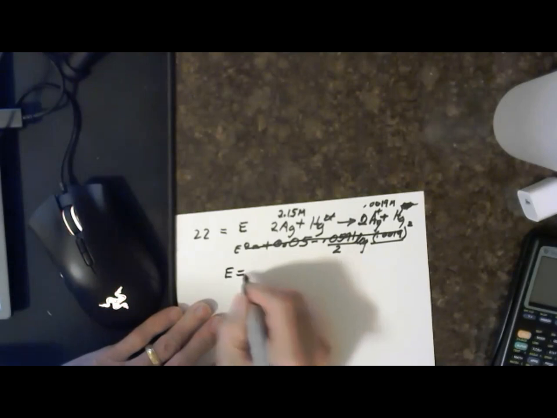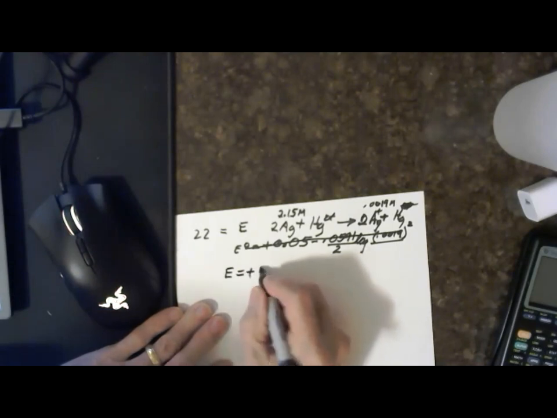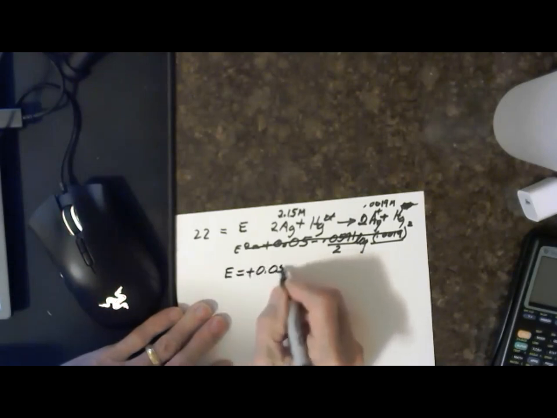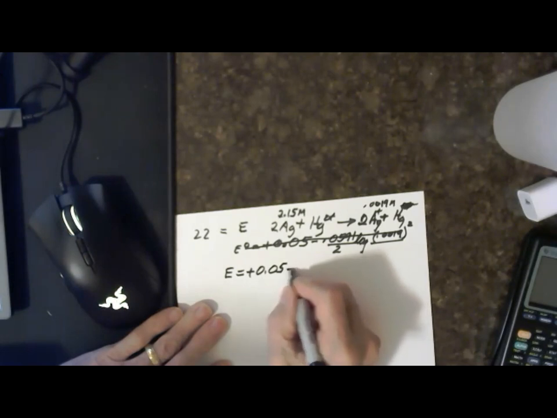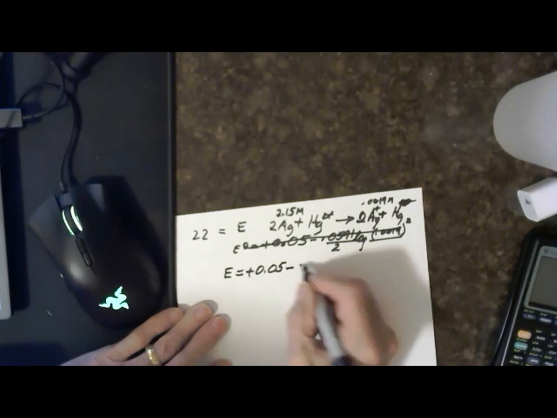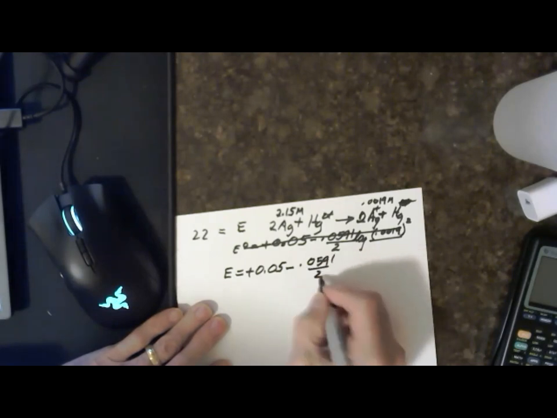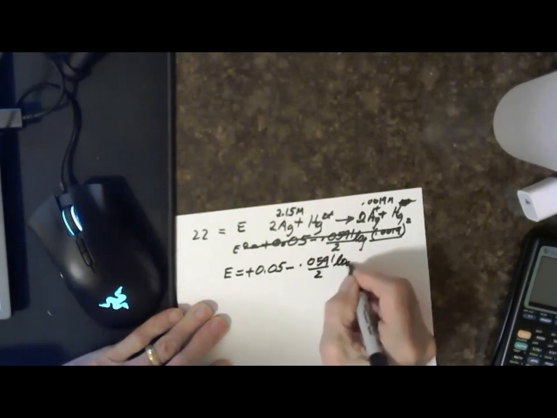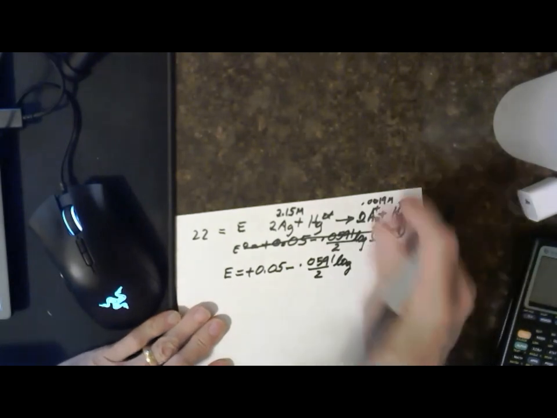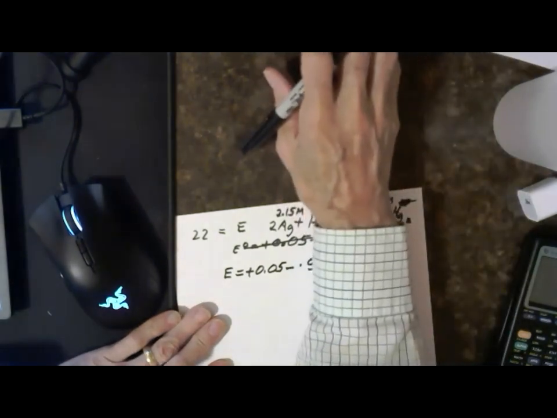E is E0, which is plus 0.05, minus 0.0591 over 2 log of the silver ion concentration, right?